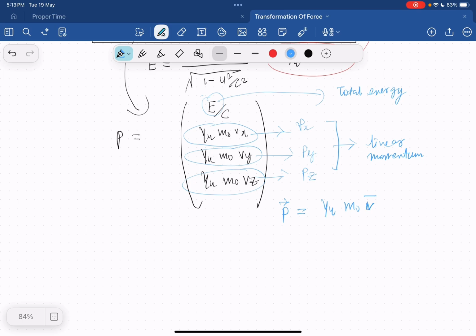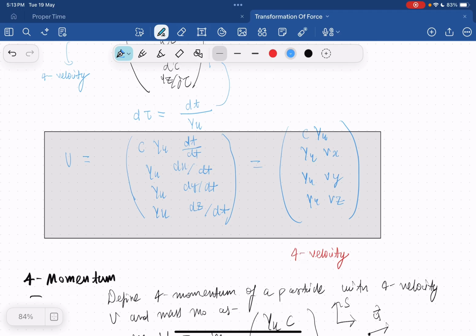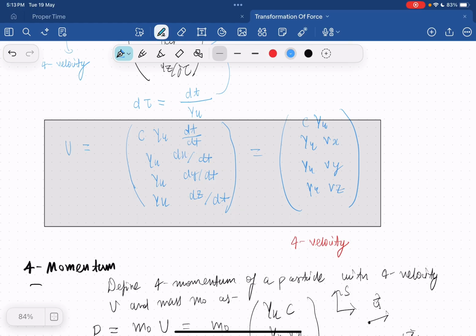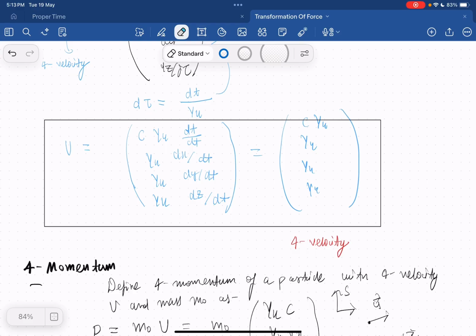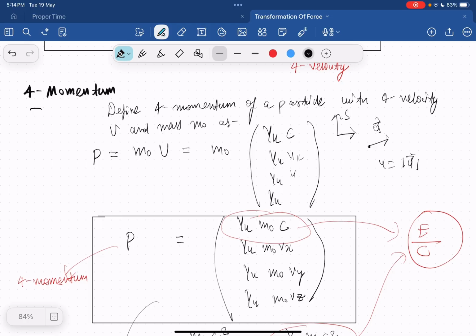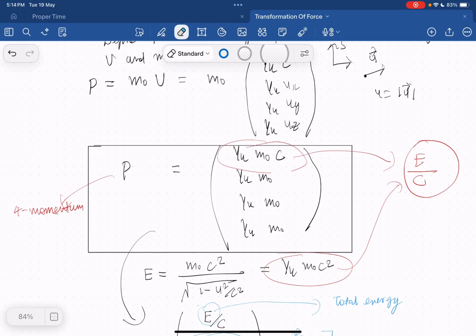Actually, since we are denoting the particle's velocity by u, to be consistent, let's call the components ux, uy, uz, and similarly here ux, uy, uz.